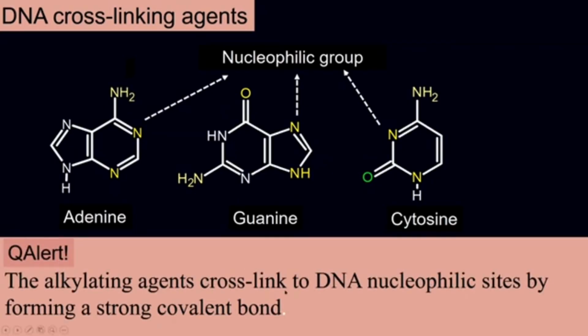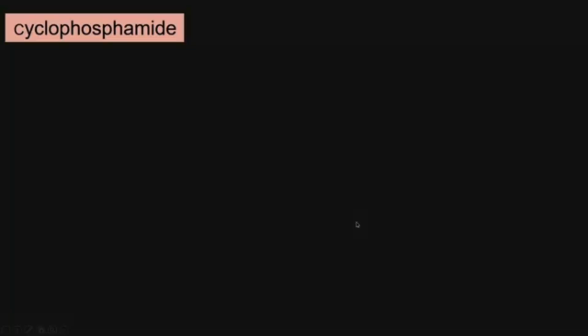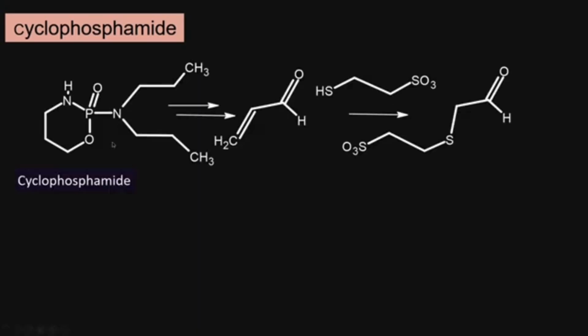So, for example, the alkylating agent cross-links to the DNA nucleophilic sites by forming strong covalent bonds. One of the best examples of the alkylating agent is cyclophosphamide. This cyclophosphamide structure is here, and it is an alkylating agent which cross-links to the cell DNA.